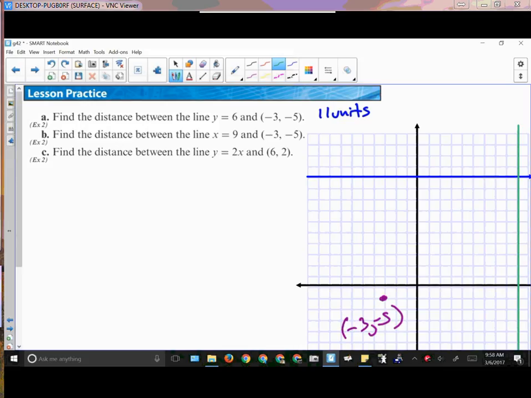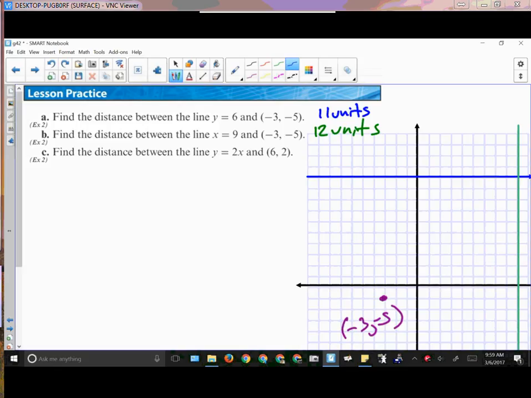So if it's 9 units one way, 3 units the other way, it'd be a total of how far then? 12. Okay. So Parker, what did you get for C? Why haven't you done that? Okay. Do you see where the lines have to go and now how far you got to count? Because really all you got to do here is count up.